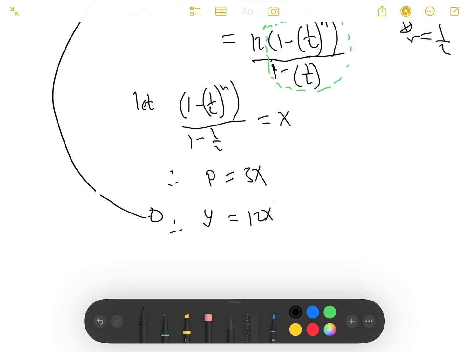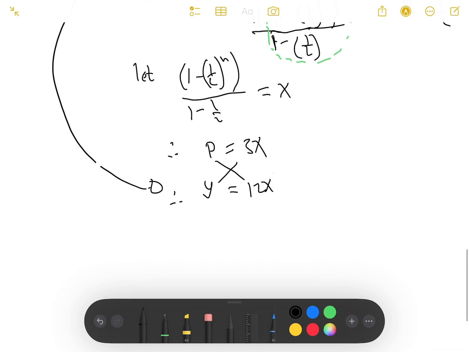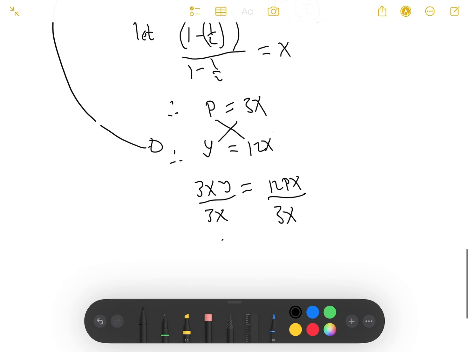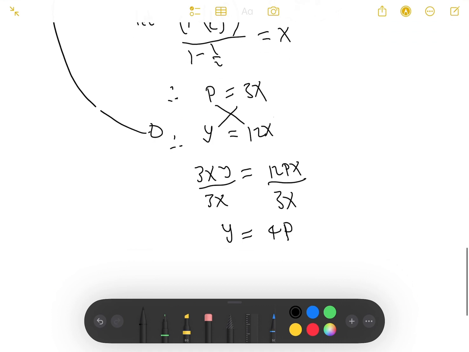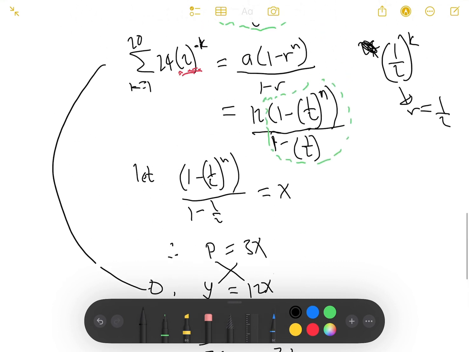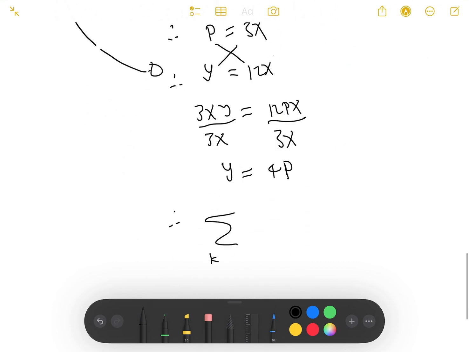For us to do that, we can cross multiply and see. So here we have 3xy equals to 12px, right? And then let's divide by 3x. We end up with y is equals to 4p, right?